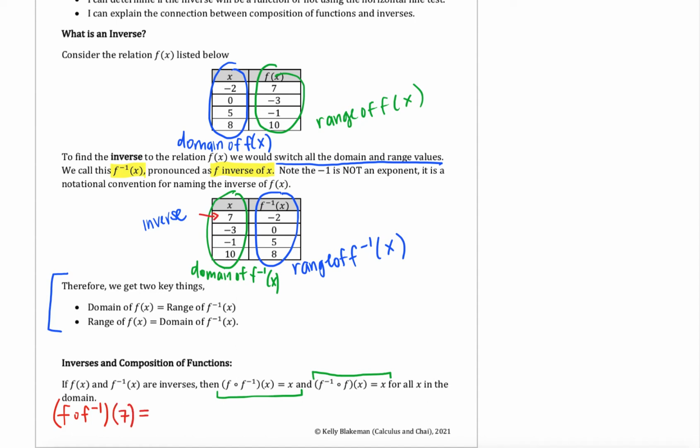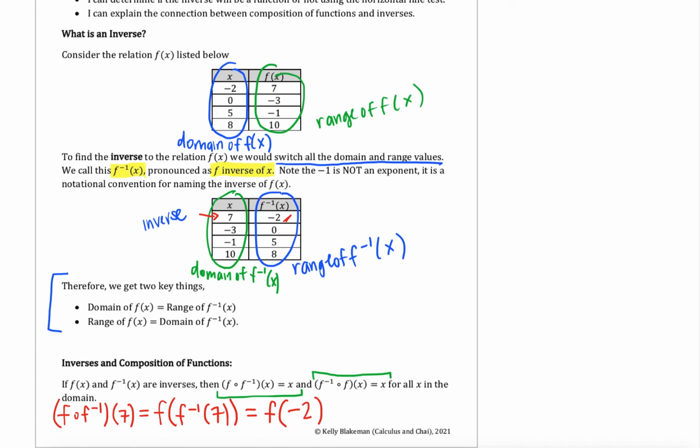If we expand this out using our parenthesis definition, it would be f of f inverse of 7. Working from the inside out, f inverse of 7 is -2, since in our inverse 7 gets sent to -2. So f inverse of 7 will get replaced with that -2 value.